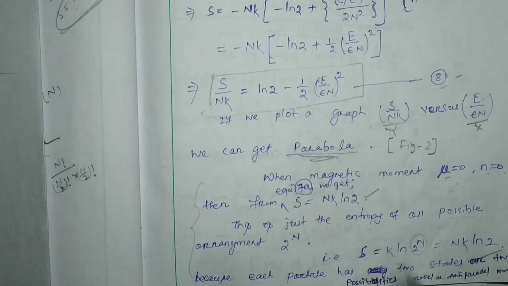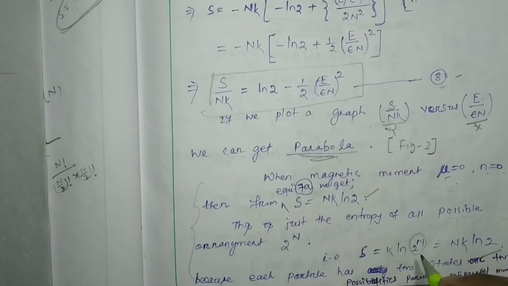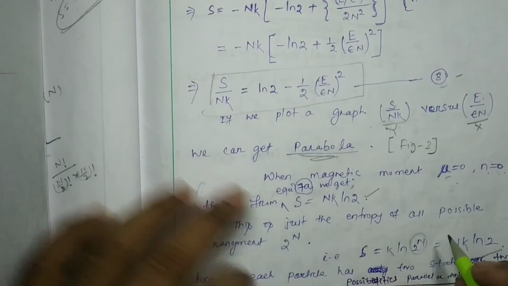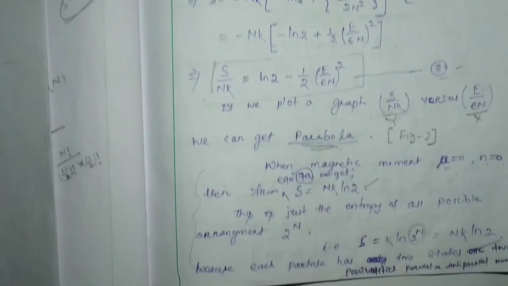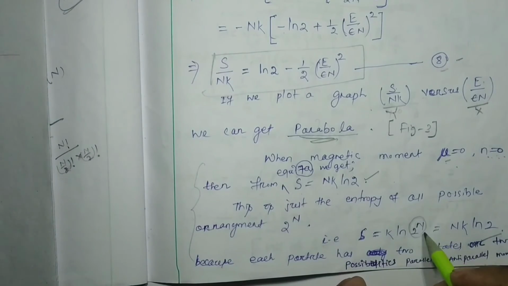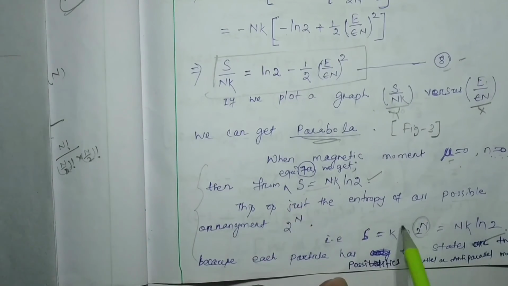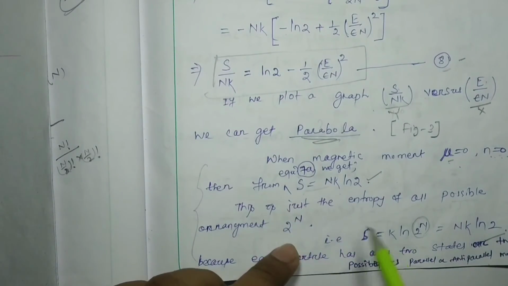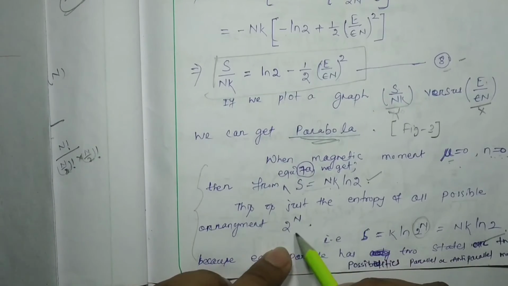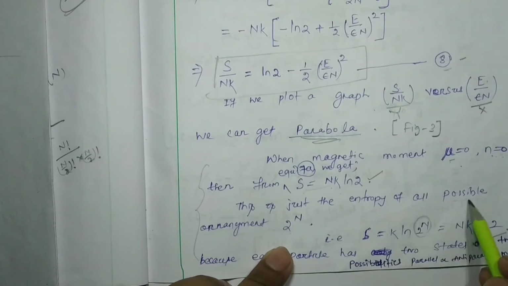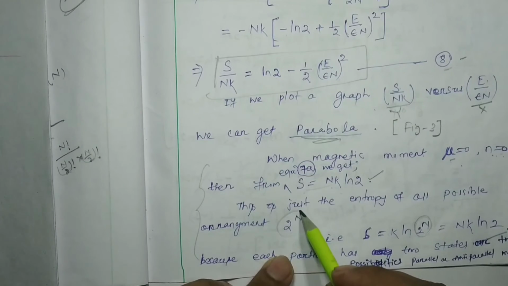So here S equal to k ln 2 to the power n, which represents the thermodynamical probability or total number of arrangements, total number of microstates, and what we found here, nk ln 2. That means it is validated. This is nothing but representing all possible arrangements, 2 to the power n.